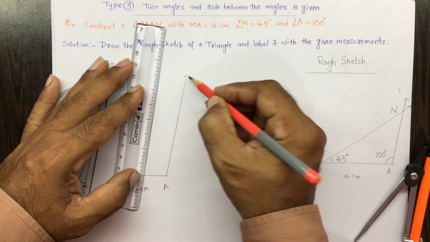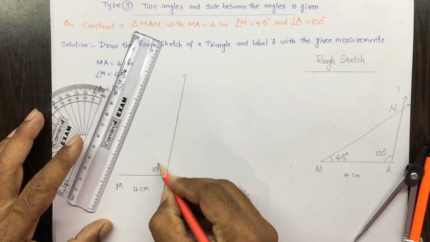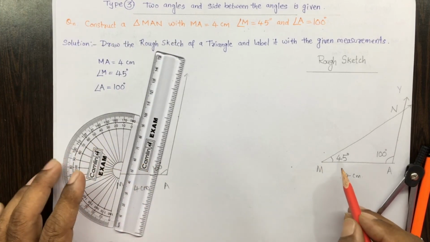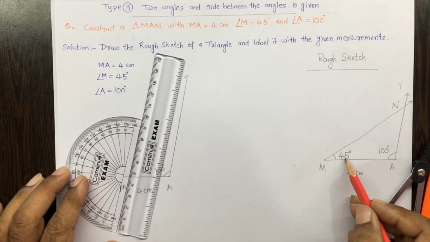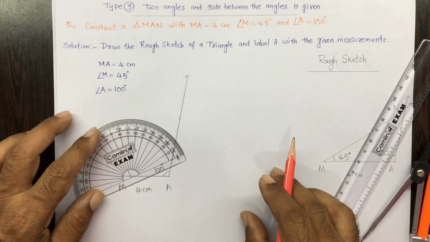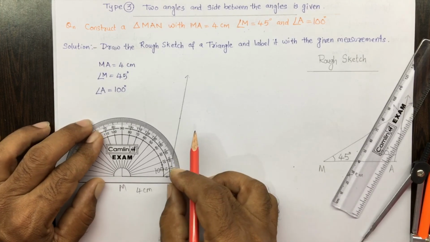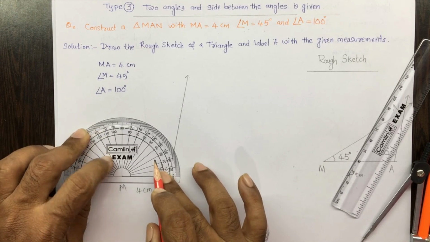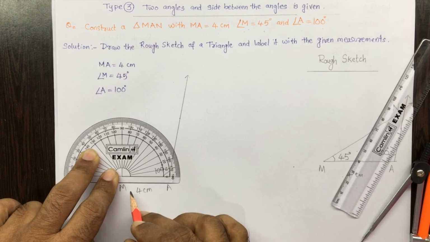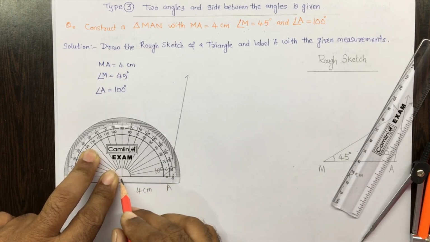And say this is at A, this is 100 degrees angle, and now we need to construct 45 degrees at point M. So, at point M carefully you take the line to coincide with the line on the protractor, and the point must coincide with the point M. Now, count from the right side because the point is on the left side.